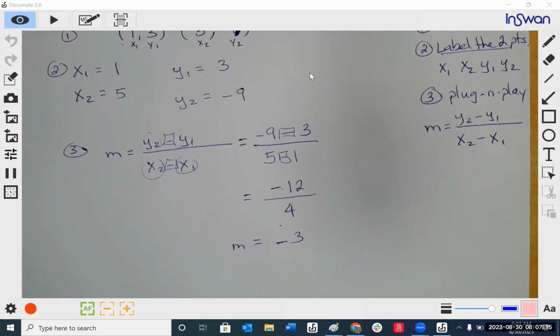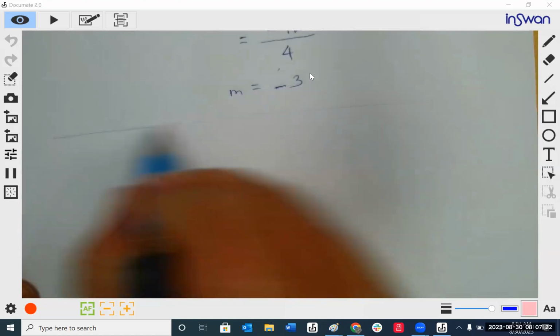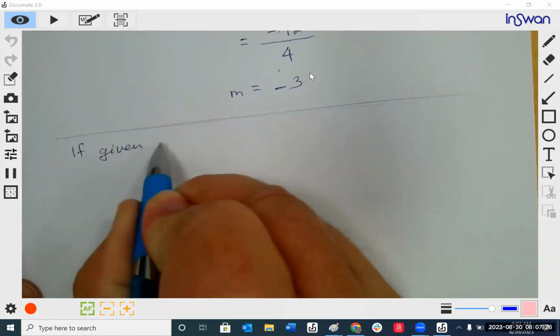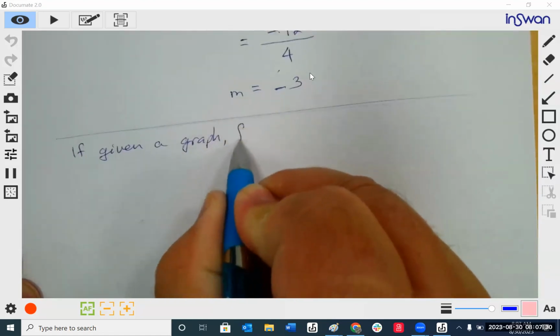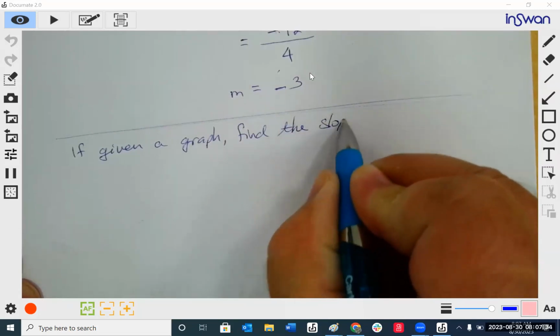What if I give you a graph? Can you tell me the slope? Let's see. If given a graph, find the slope.